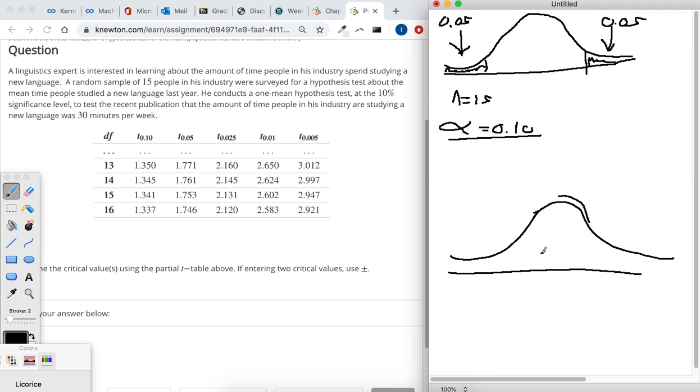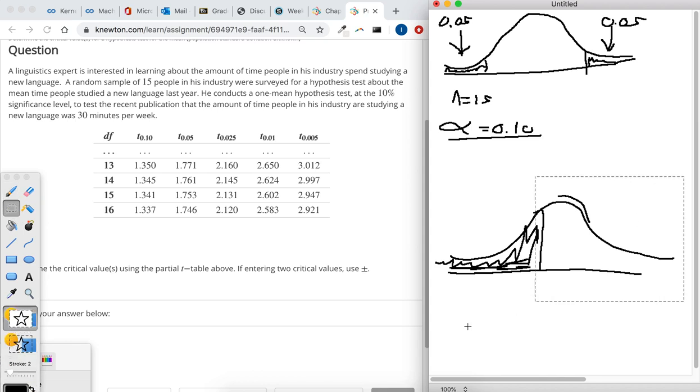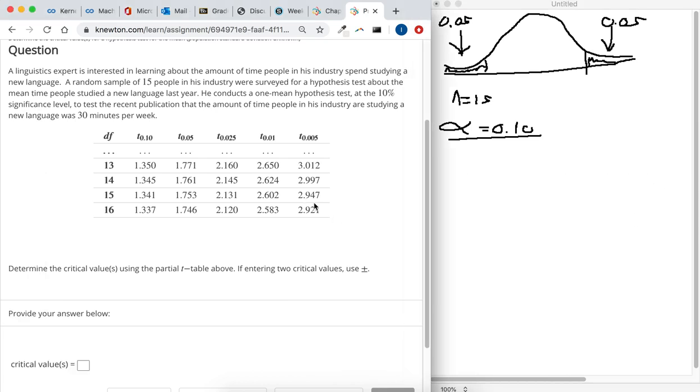Any value you get from the table, at least in Newton, there are two-tailed tables out there, just tells you this area over here. So that's why we needed to find 0.05, not 0.10.